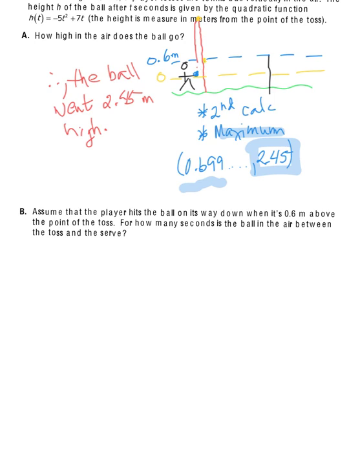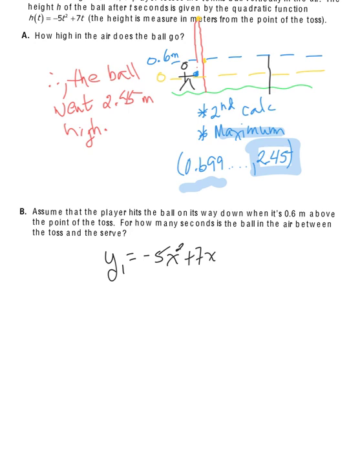So go into your table of values, or go into your y equals. In order to get both of these values, you're going to have to put in, to y sub 1, you already should have put in negative 5x squared plus 7x.